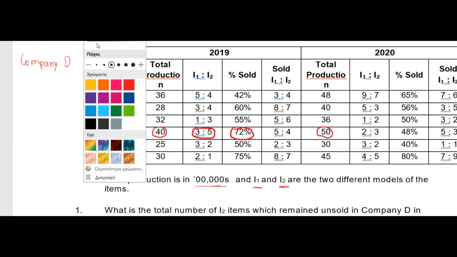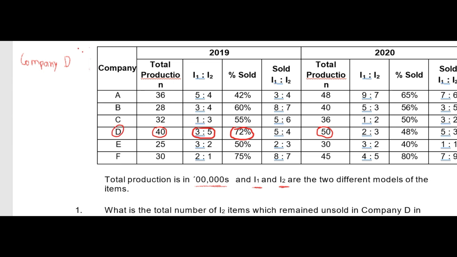Okay, so this company here produced I2 items. How can I find the number of I2 items produced?